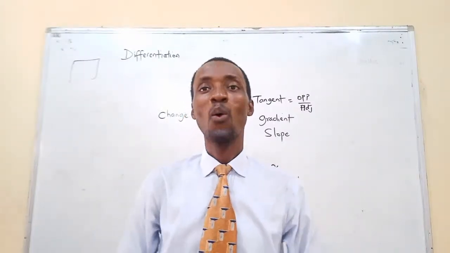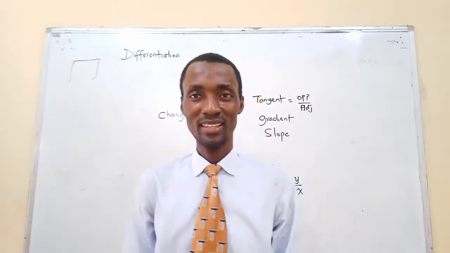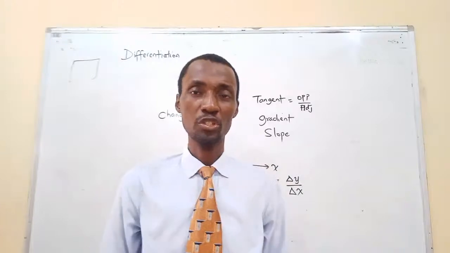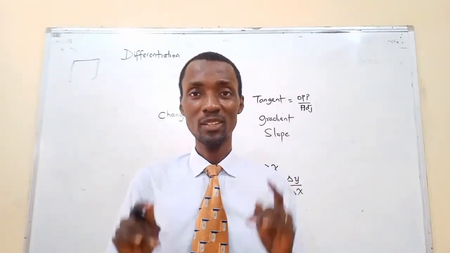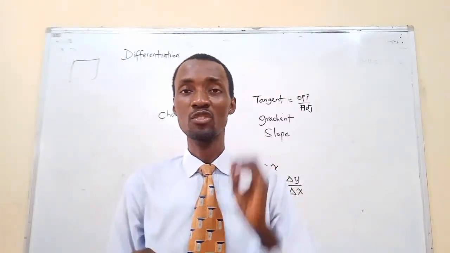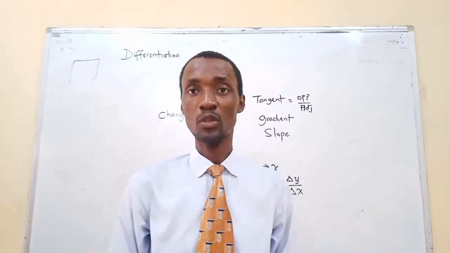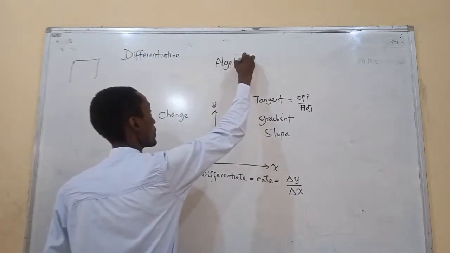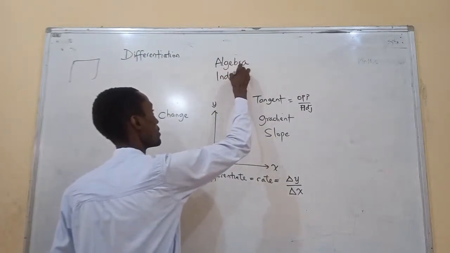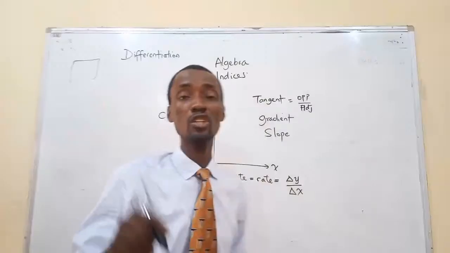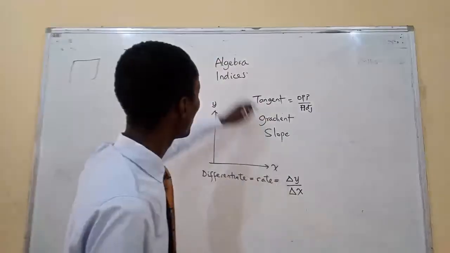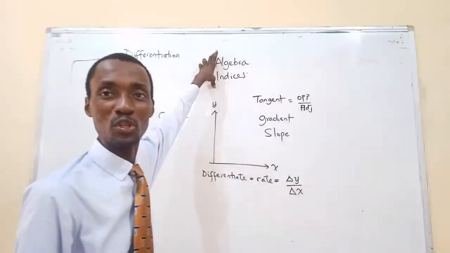Now, what are the areas of maths that you need to have a strong grasp of to understand differentiation? You cannot understand differentiation if you don't have a strong grasp of two important topics. One, algebra, and two, indices. Because the manipulations you're going to be making in integration and differentiation will be based on your knowledge of what?